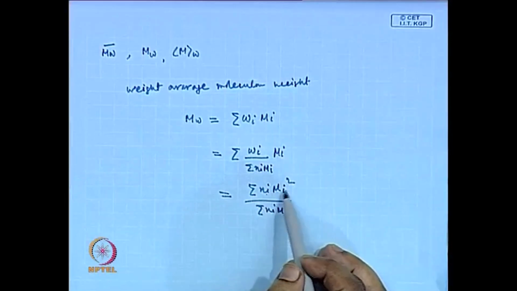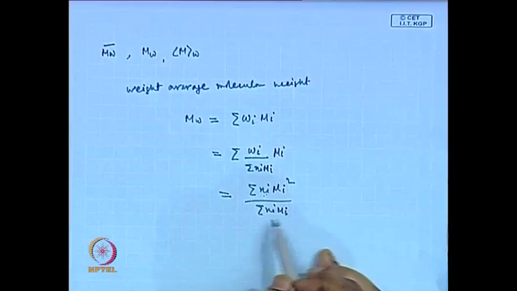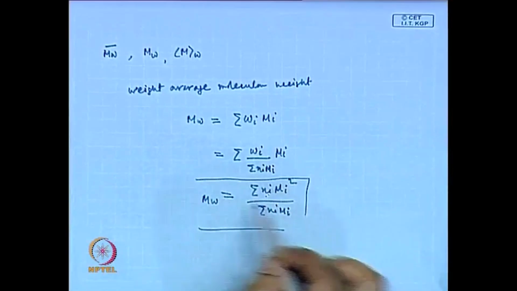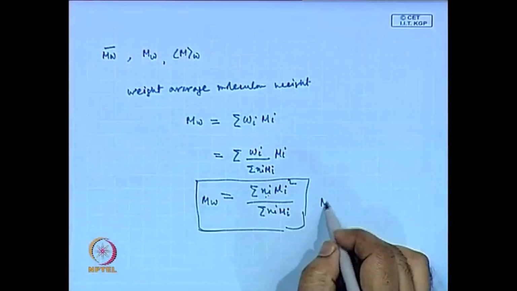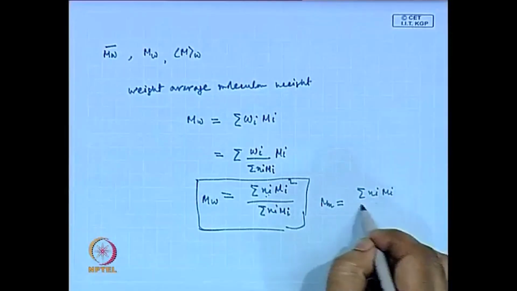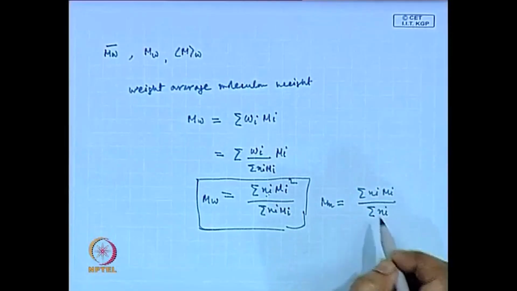So, you have another Mi, which will give you Ni Mi square. So, you get Mw as this. Remember what was Mn? Mn was sum of Ni Mi by sum of Ni.